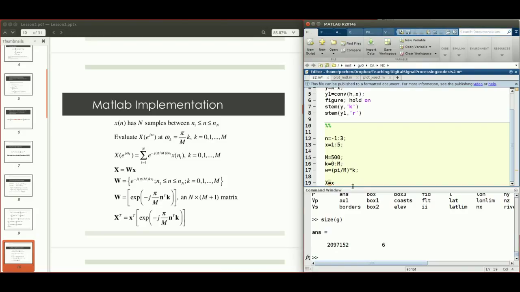Don't forget this has to be a linear algebra vector-matrix multiplication, so no dot multiply, it's just a star. And then all we have to do is construct this particular matrix inside of the square brackets. That's the exponential of minus j times pi divided by big M, that's our omega, dot hat the n transpose times k.